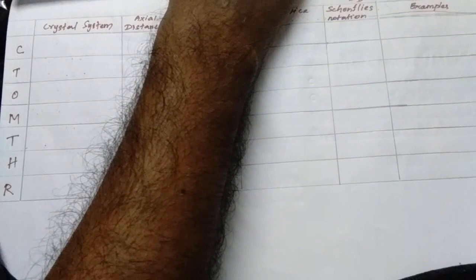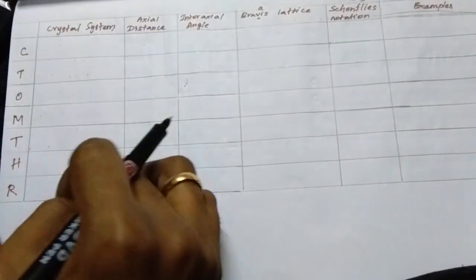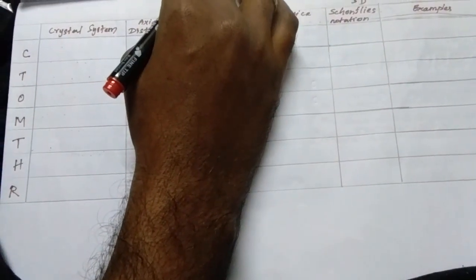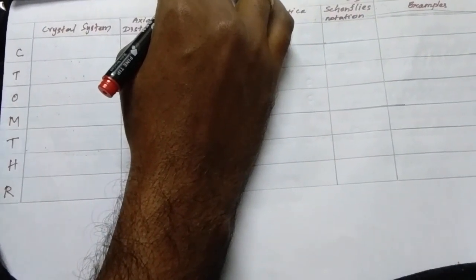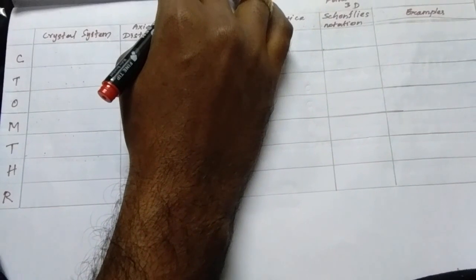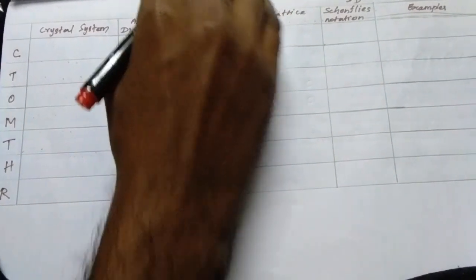Don't bother about the language. The mnemonic is important and the letter order is very important, because based on this order you can prepare a pattern. That pattern helps you to remember the crystal systems.